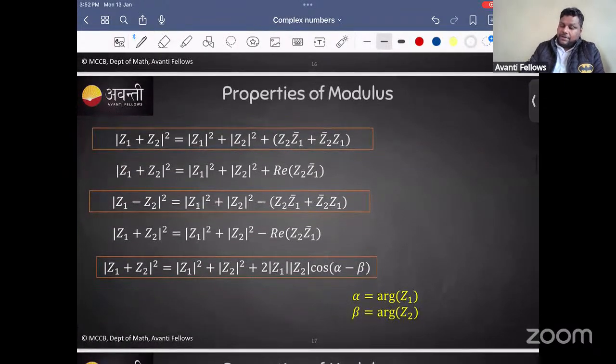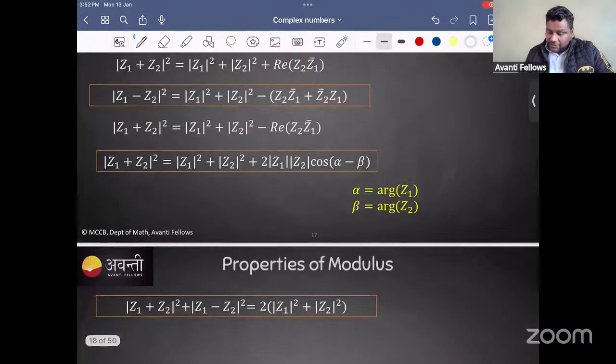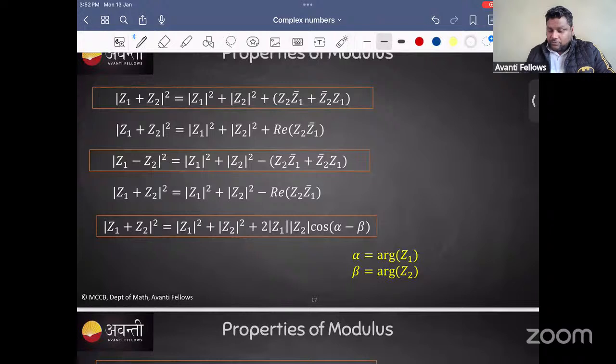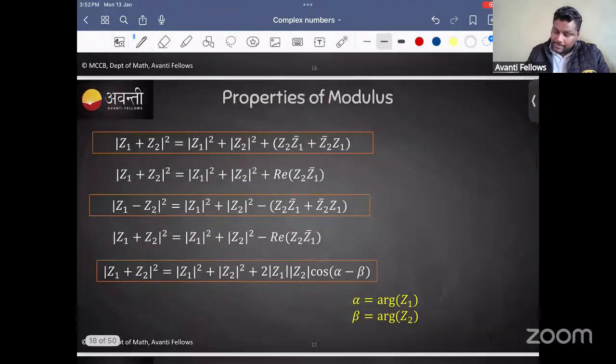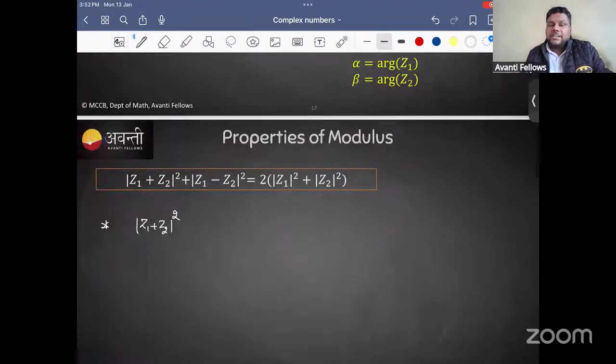Now, properties of modulus. Magnitude of z1 plus z2 whole square is mod z1 square plus mod z2 square plus z1 z2 bar plus z2 z1 bar. See this property. Just now we have seen that magnitude of z square is z z bar.